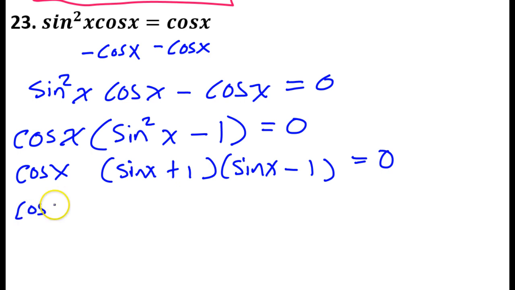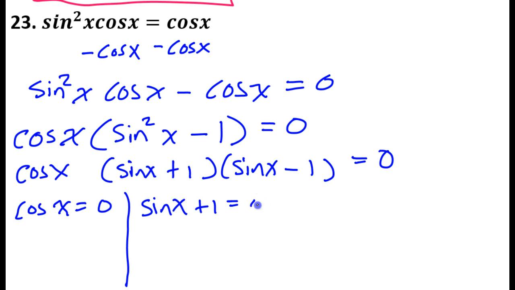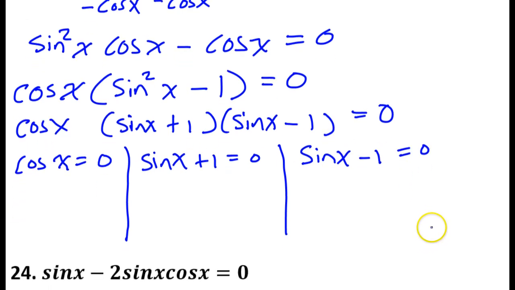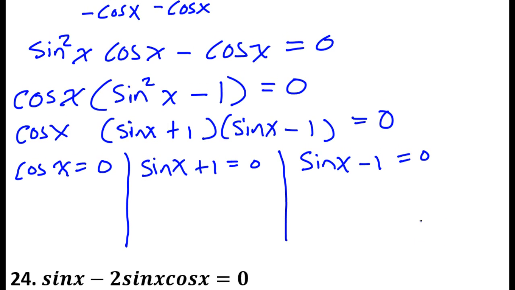I can have cosine x equals 0, and that'll give me a solution. I can have sine x plus 1 is equal to 0, and I can have sine x minus 1 is equal to 0. So I could have three different solutions here. Let's check it out.